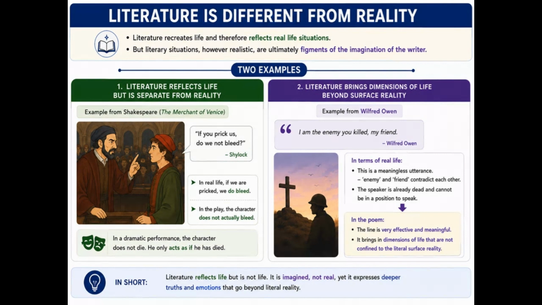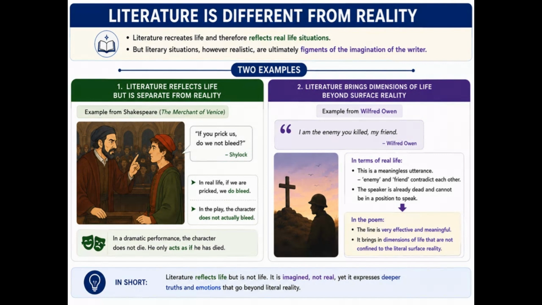When we take the example of Shakespeare's play The Merchant of Venice, Shylock says, "If you prick us, do we not bleed?" Here the line is true, but the character does not actually bleed.